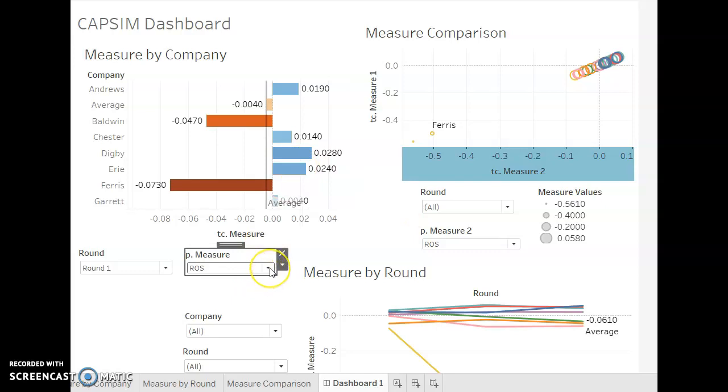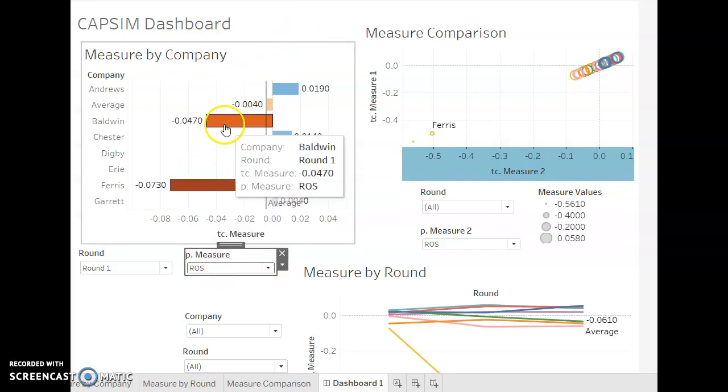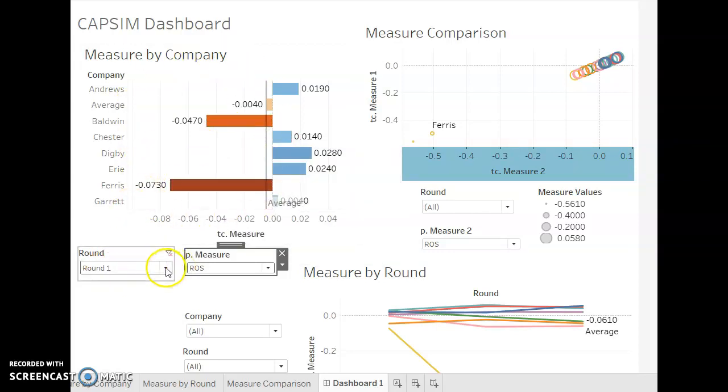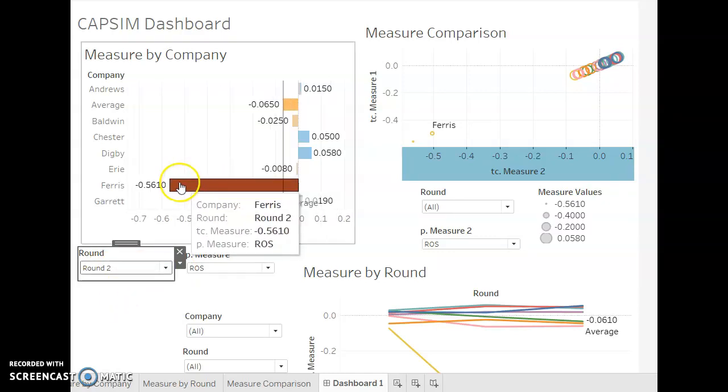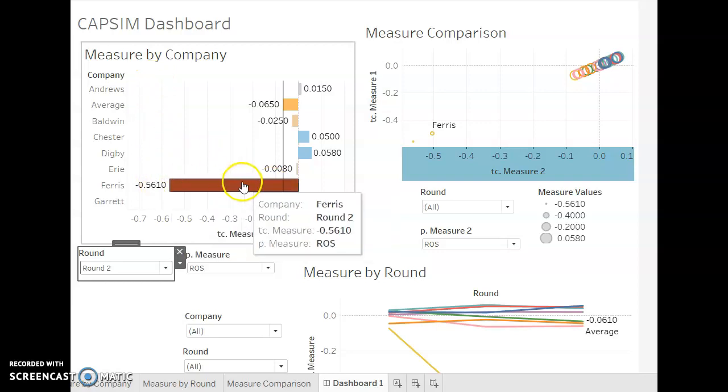If we go ahead and place the measure by ROS, which is return on sales, you can see here that both Baldwin and Ferris were negative on their return on sales for round one. Round two, Ferris, my group, is still negative.